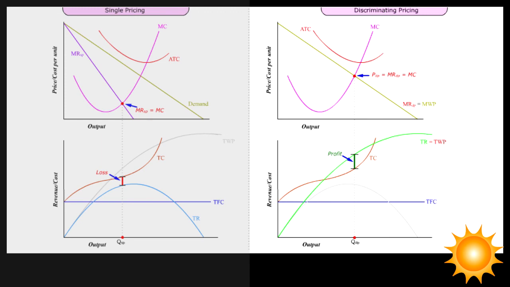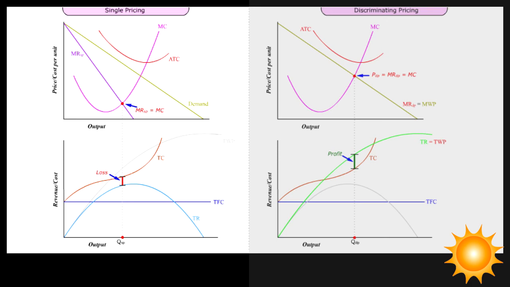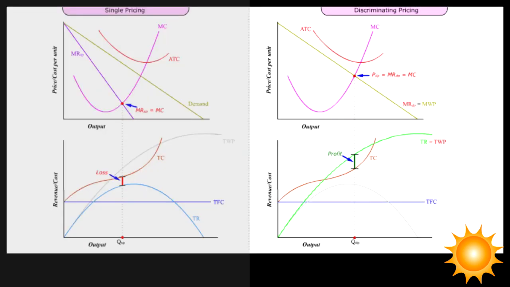But as long as TC is below TWP, the price discriminating firm still enjoys economic profit when MR_DP is equal to MC. Since a money-losing firm would go out of business, it cannot generate consumer surplus, even though TWP minus TC is still positive at the money-losing output level. Although a price discriminating firm captures the entire consumer surplus, its products still offer utility to consumers at different affordable prices.